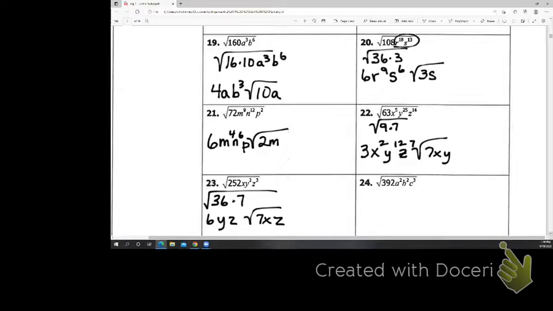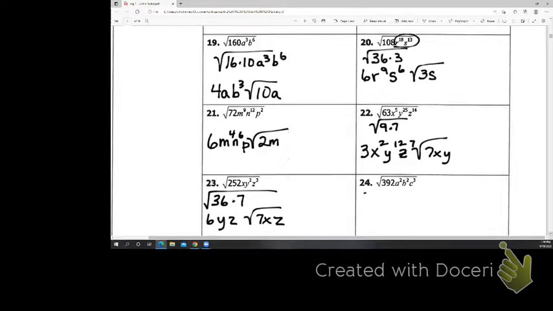How about 392? Maybe 64? Nope. Maybe not. Ooh, maybe 49. Yep. Got an 8. Oh, so we need to go even bigger than 49. Okay, so now here's what I do, because I don't want to just be trying random stuff.